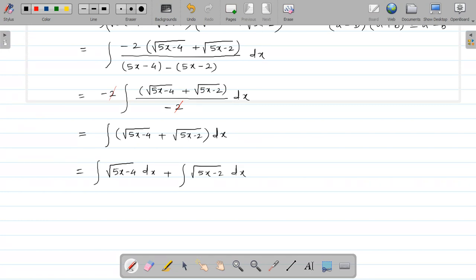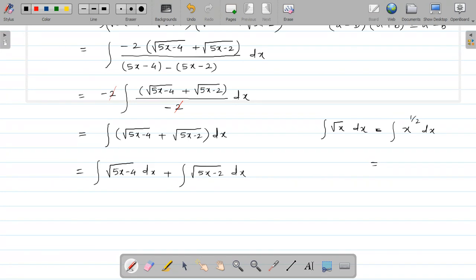Now how will you get the integration of root of 5x minus 4 and root of 5x minus 2? For that, just revise what is the integration of root x. How will you get the integration of root x? If you want to evaluate the integration of root x, it will be integration of x raised to 1 by 2, right? Because root x means x raised to 1 by 2. Now how will you get that integration?